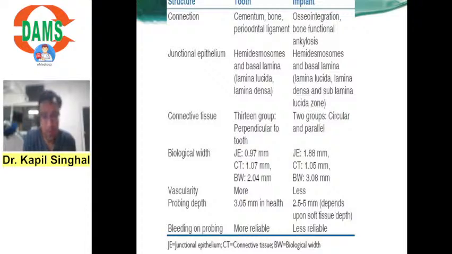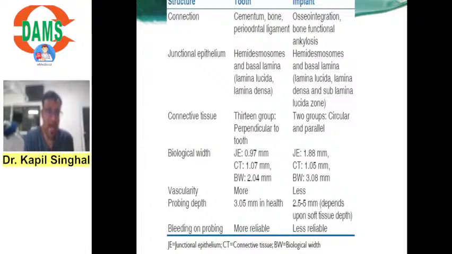So the sum total becomes around 2.04 millimeters. But in an implant, the biological width is more. The junctional epithelium is around 1.88 millimeters and the connective tissue is around 1.05 millimeters, and the biological width becomes around 3.08 millimeters. So in an implant the biological width is more.